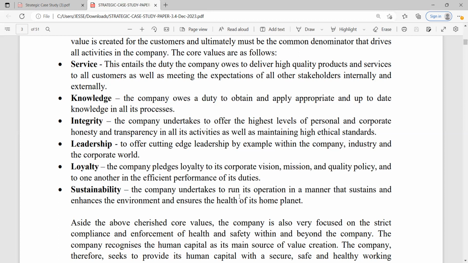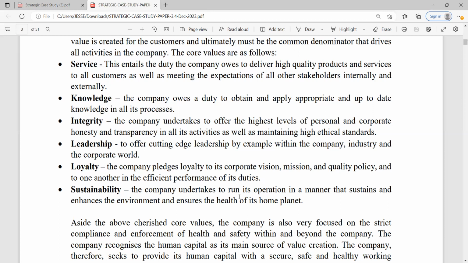So what's service? This entails the duty the company owes to deliver high quality products and services to all customers, as well as meeting the expectations of stakeholders. So that's service. You have knowledge. The company has a duty to obtain and apply appropriate and up-to-date knowledge. You have integrity, which is honesty and transparency and ethics. You have leadership, which is leadership by example.